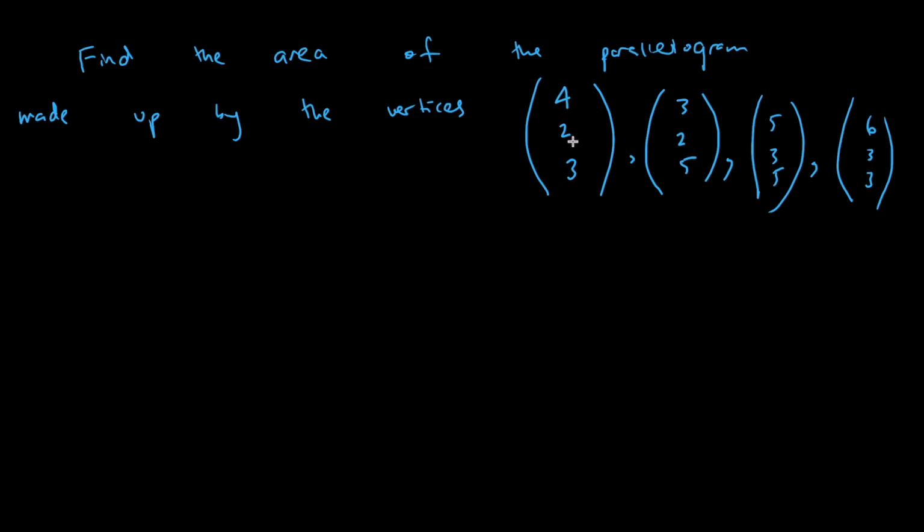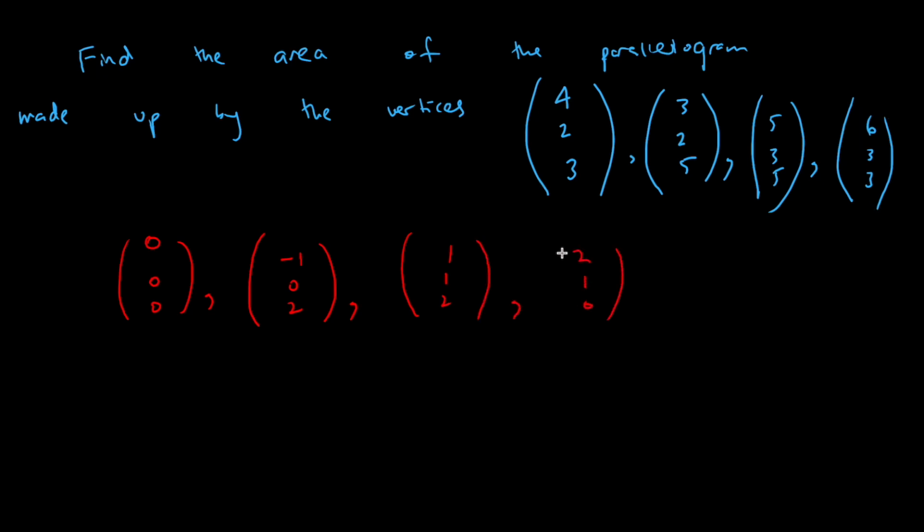I'm going to subtract (4, 2, 3) from each of these, so the first point will just be (0, 0, 0). (3, 2, 5) minus (4, 2, 3) gives us (-1, 0, 2). (5, 3, 5) minus (4, 2, 3) gives us (1, 1, 2). And (6, 3, 3) minus (4, 2, 3) is (2, 1, 0). This is a congruent parallelogram.